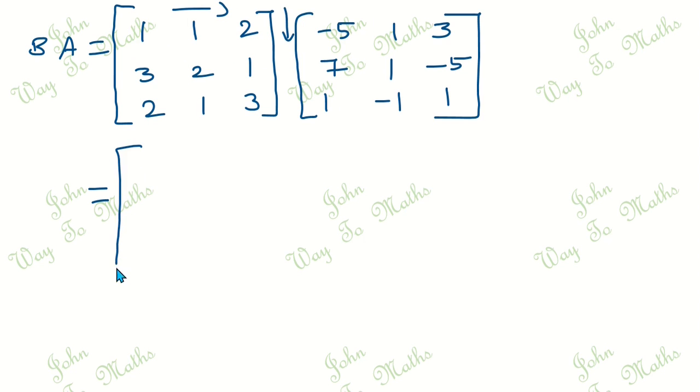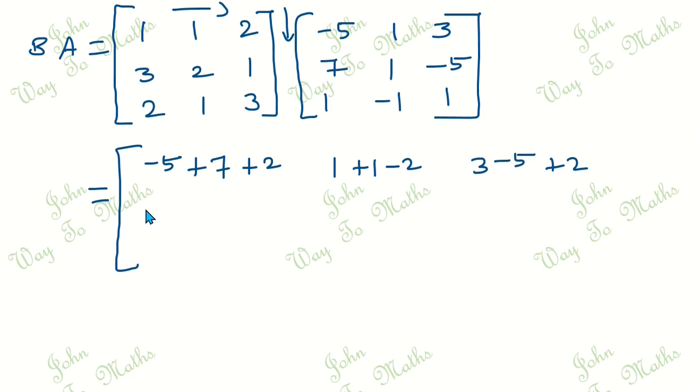So the first row multiplied by the first column means 1 into -5 becomes -5, then 1 into 7 becomes 7, then 2 into 1 becomes 2. Then the first row multiplied by the second column: 1 one is 1, plus 1 one is 1, then 2 into -1 is -2. Then the first row multiplied by the third column: 1 three is 3, then -5, then 1 two is 2.